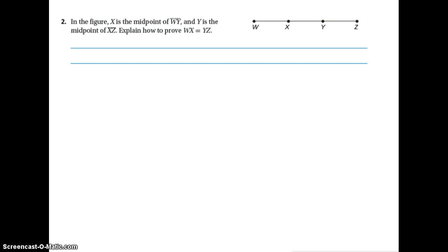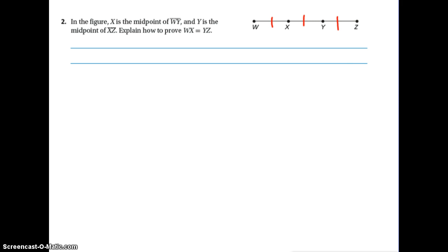So for example number 2, it says in the figure X is the midpoint of WY. So WY, there we go. And Y is the midpoint of XZ. So this and this. Notice that XY is the same length as WX and XY is also the same length as YZ. What that means is that all three pieces are the same length.